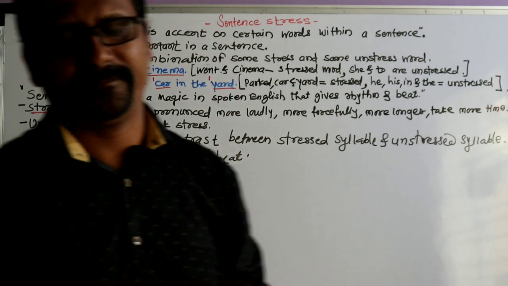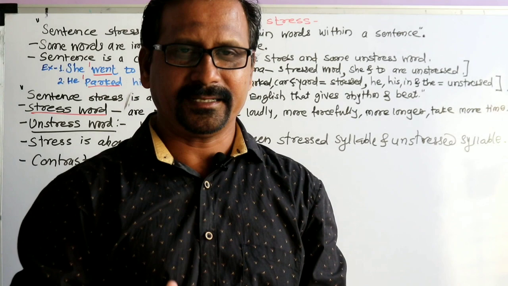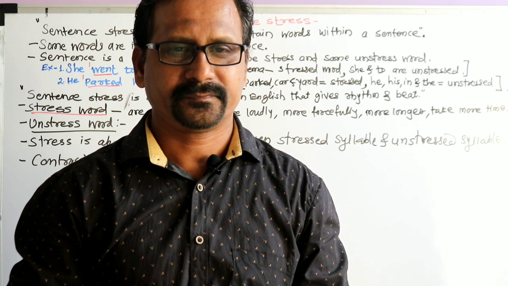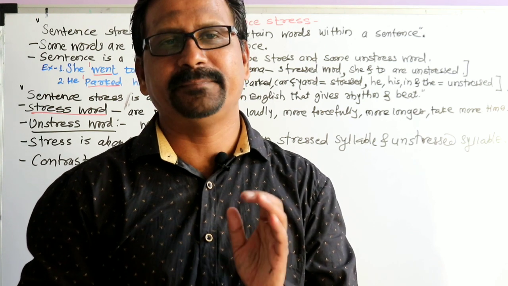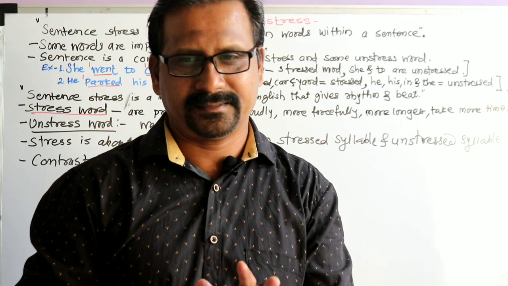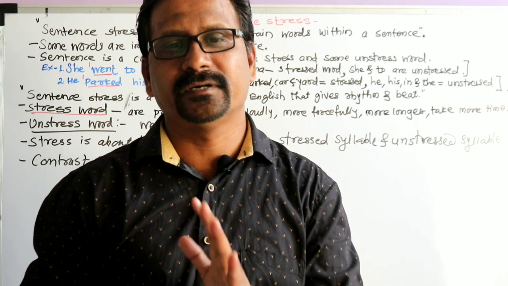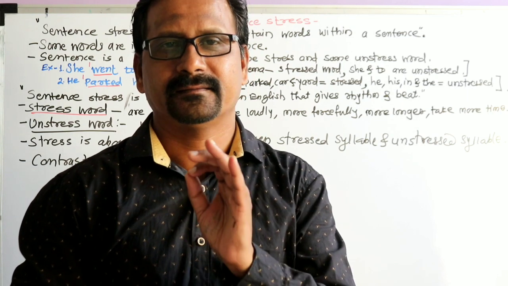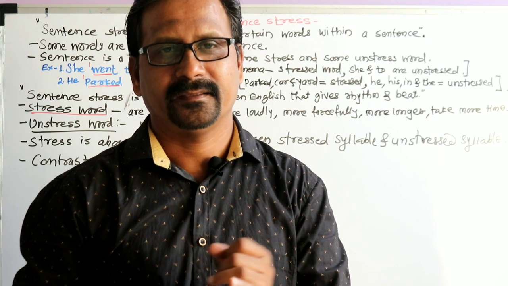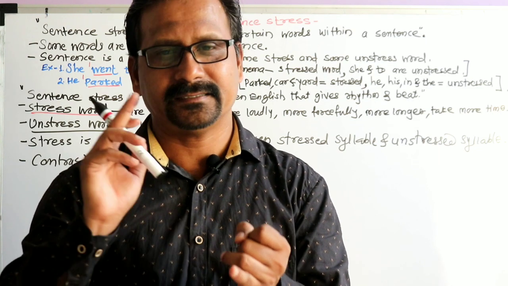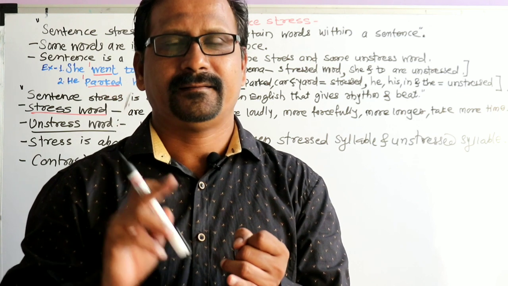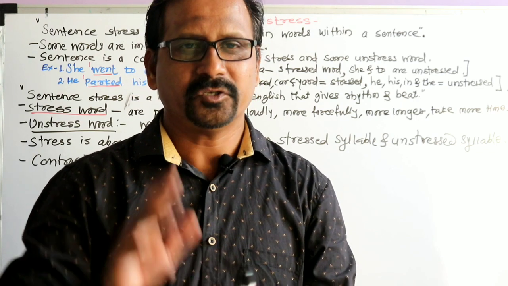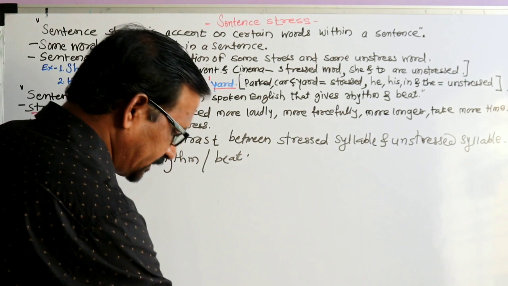That is an important thing here. So the rhythm of a sentence depends on the number of traced and untraced words or syllables in a sentence. The rhythm of a sentence is always based on traced syllables and untraced syllables. That is an important thing.